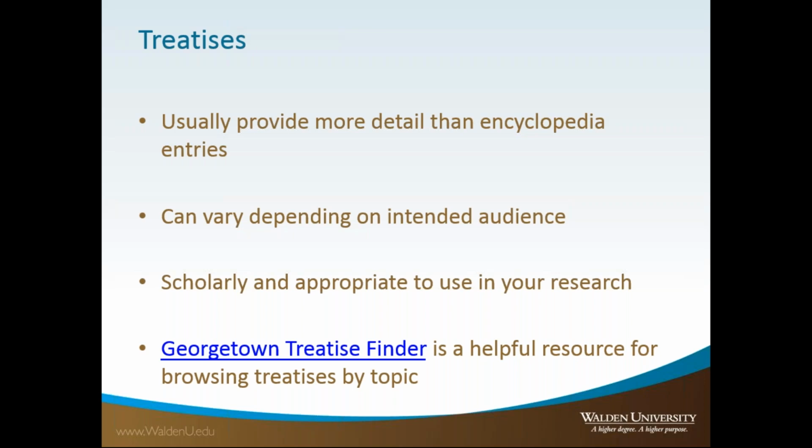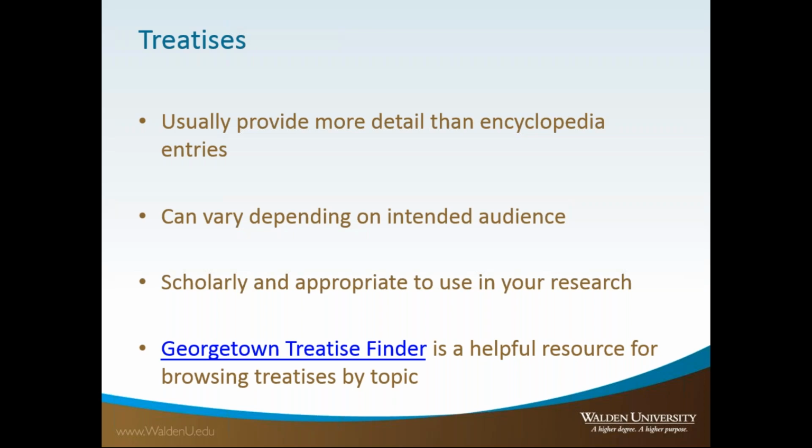So they will vary in terms of how much detail they provide. Some are designed for legal practitioners, others are designed for law students, and yet others are designed for laypersons like us.